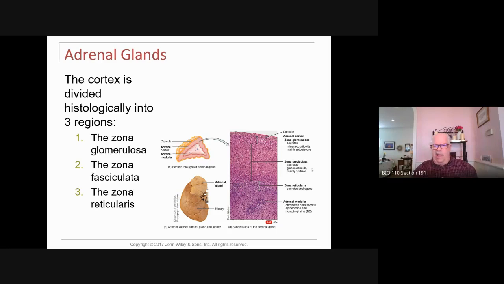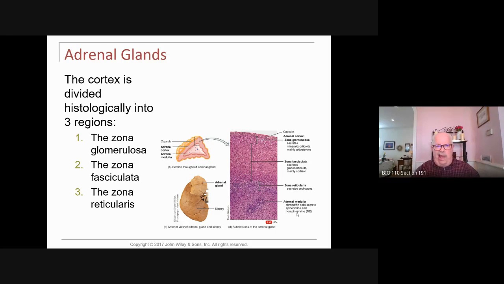Then you have the medulla, which is the inner layer of the adrenal gland. And the adrenal medulla from chromaffin cells secretes the two very powerful hormones, epinephrine and norepinephrine. Okay?